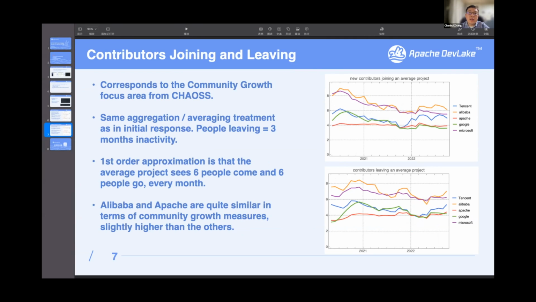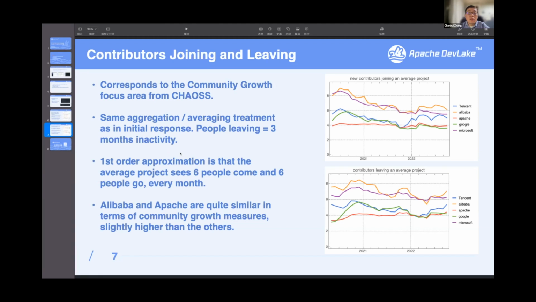Basically, the same aggregation and averaging treatments were applied as in the responsiveness study, with one exception. Users must experience a period of inactivity to be deemed inactive. So inherently, there will be a delay, say 3 months, in the leaving counts.